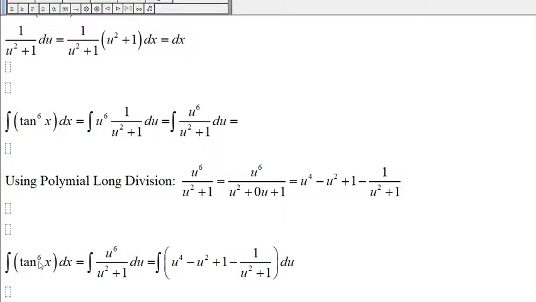And so the integral of tangent of x to the sixth is now the integral of u to the fourth minus u squared plus 1 and then minus 1 over u squared plus 1.